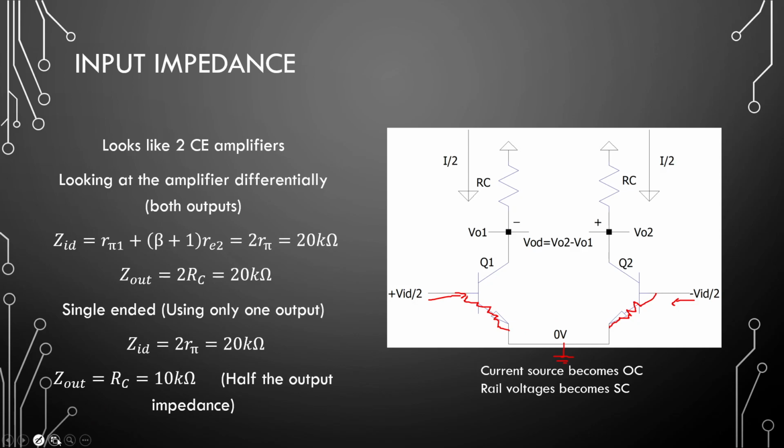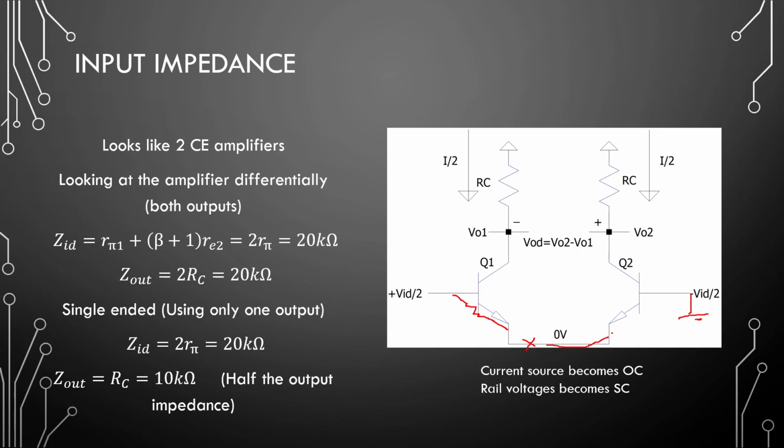The second philosophy is the one that is depicted here, is when we're looking in from this side and say this side is grounded, we are seeing R pi looking in. Right, and anything beyond this point must be multiplied by beta plus 1, so it will appear larger.